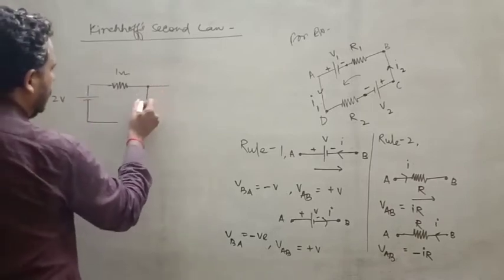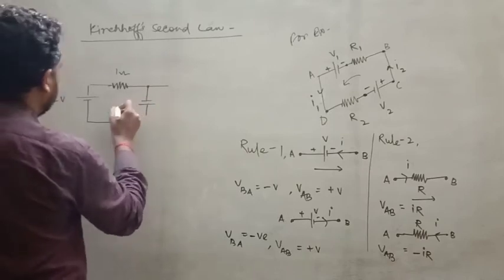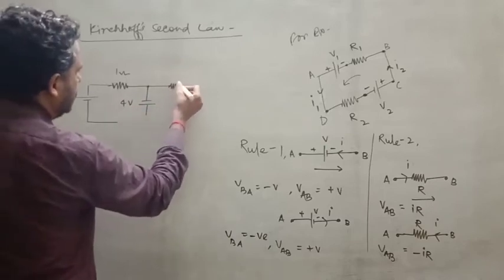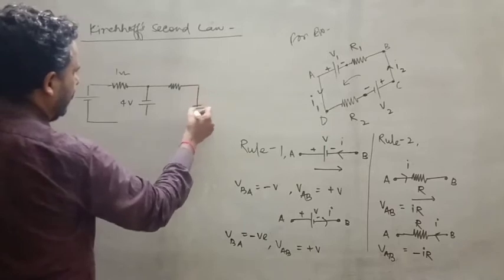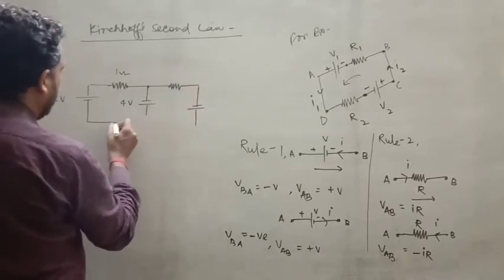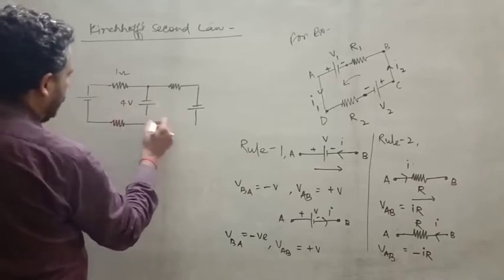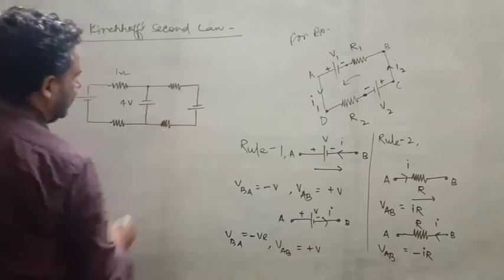One more, suppose this one is 4 volt, one resistor there, one EMF there, and I just take one resistor there, and then again one more resistor.